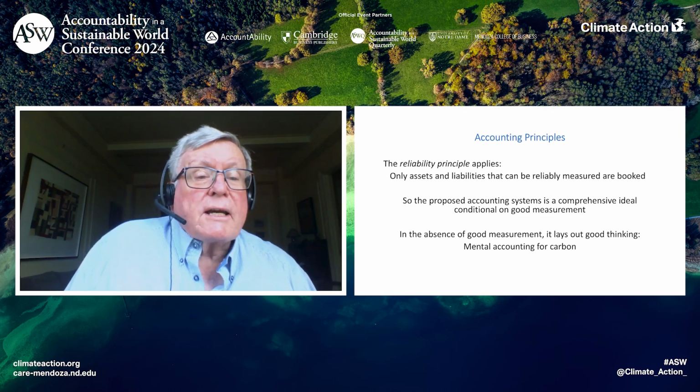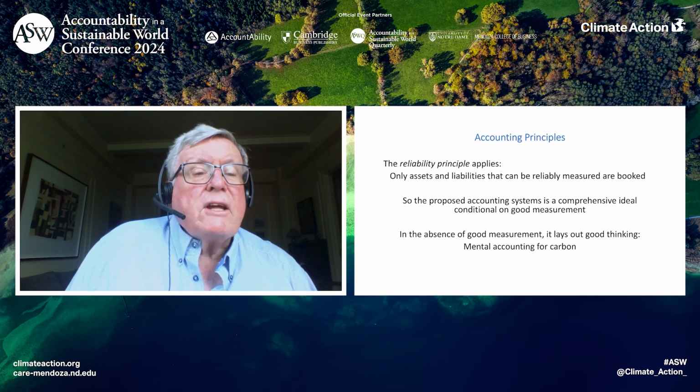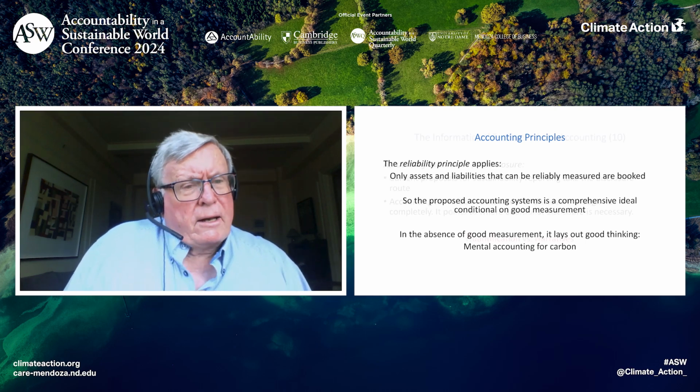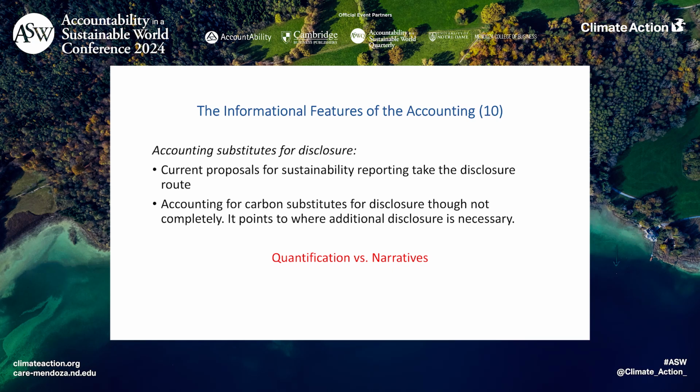If you can't do the accounting quantitatively, then you have disclosure. On that point, just note that most of the regulations having to do with carbon are disclosure regulations, from the European Corporate Sustainability Reporting protocols, from the European standards, from the ISSB standards. They're disclosure standards. They tend to be more qualitative.